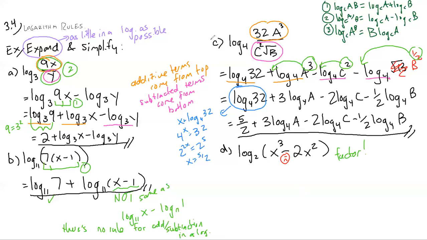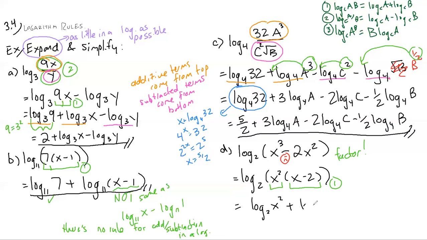I can actually factor x squared from both of those terms. So I get log base 2 of x squared times x minus 2. And now I should be able to actually use that product rule. And yes, that's rule number 1. And so I have log base 2 of x squared plus log base 2 of x minus 2.